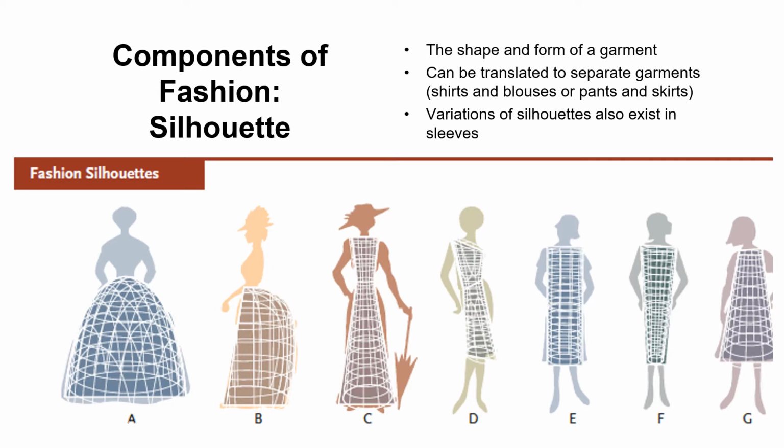C is called straight or tubular, so there can be some variations of the straight silhouette, because C doesn't really look straight. It's kind of like two cylinders on top of each other, so almost like two triangles. And all of the rest are just a variation of C, right?